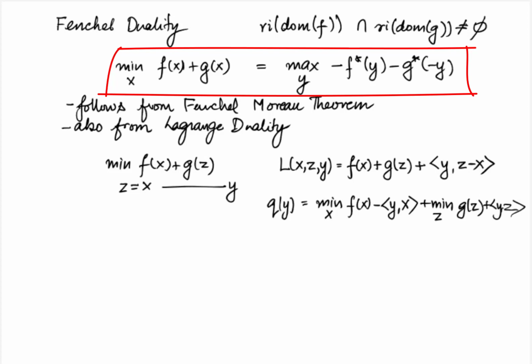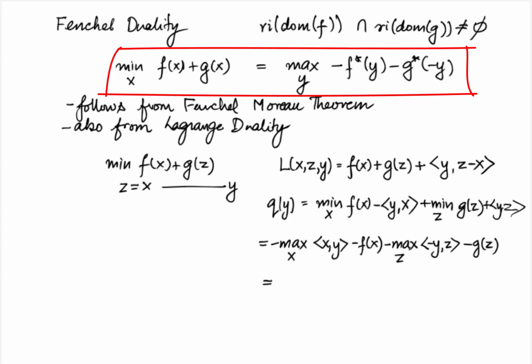First, consider min over x of f(x) minus inner product of y, x, which can be written as a maximization problem by taking the negative of the objective, so as to write minus max over x of inner product of x, y minus f(x). Likewise, we can write the min over z of g(z) plus inner product of y, z as a maximization problem as minus max over z of inner product of minus y, z minus g(z).